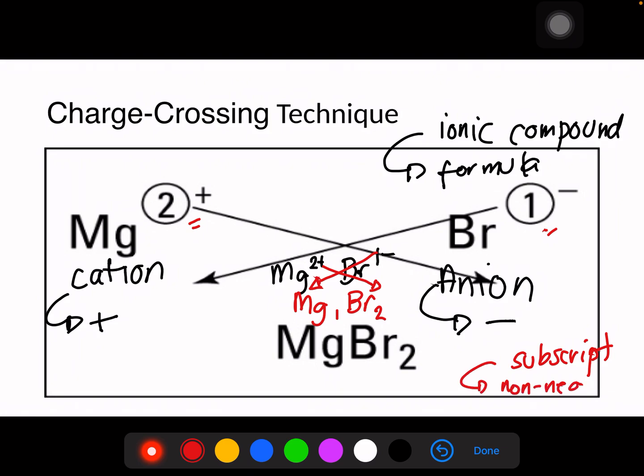You don't need to write the negative sign on the subscript, because the subscript means the number of atoms. Meaning to say, if this is Mg1 as a subscript, it means there is one atom of magnesium.